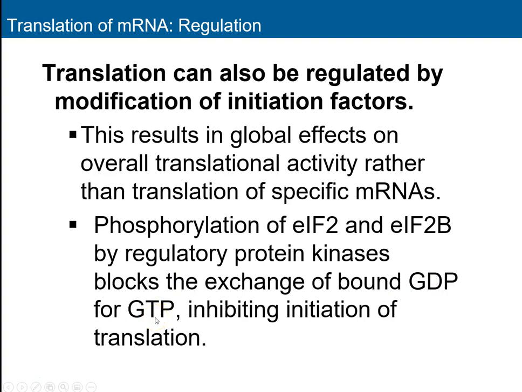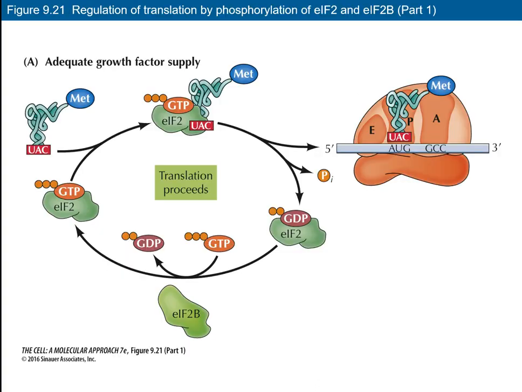Remember I showed you a diagram of those initiation factors with GTP bound or with GDP bound, and that it's only active when GTP is bound. So if the cell wants to regulate this, it can actually affect that process.